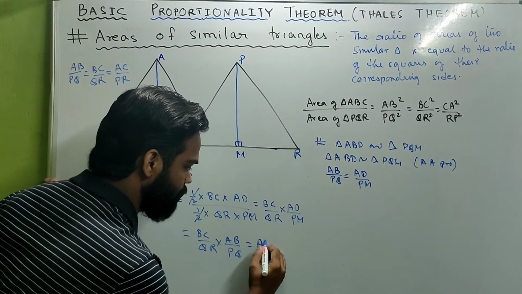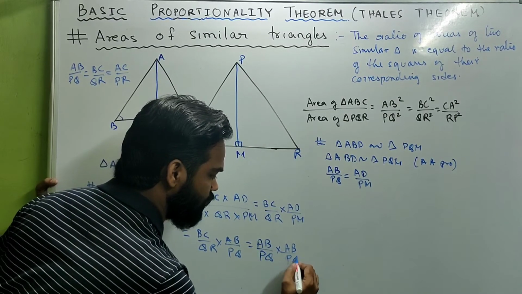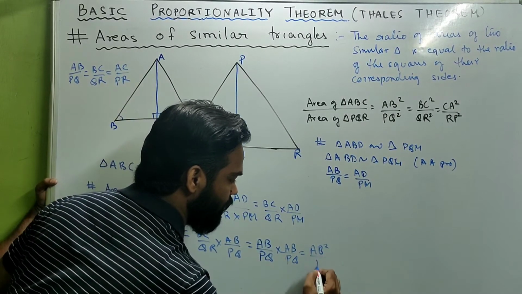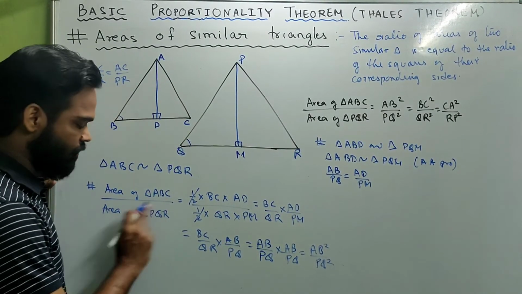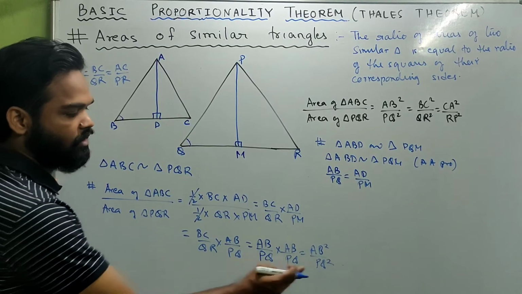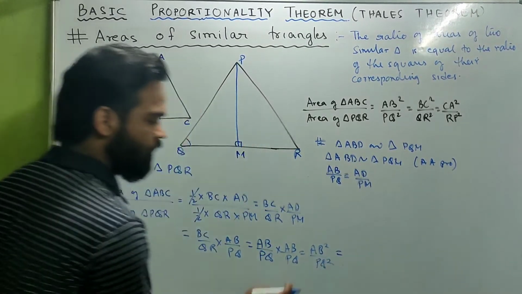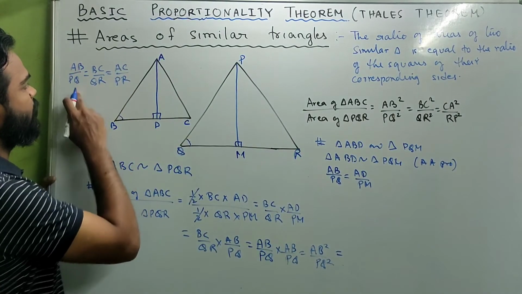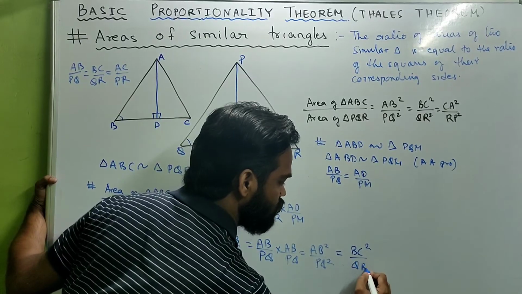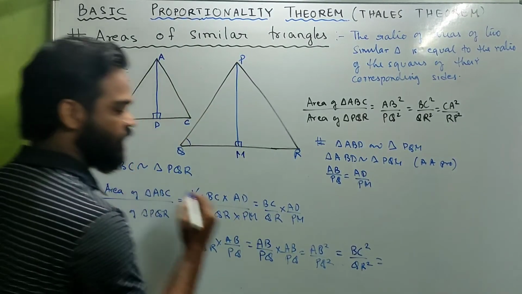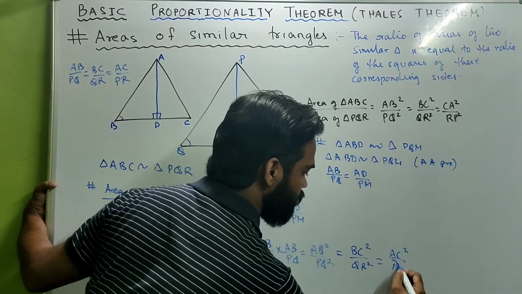So this becomes AB by PQ multiplied by AB by PQ, which is AB square by PQ square. So the area of triangle ABC by the area of triangle PQR is nothing but AB square by PQ square. Now we know AB by PQ is BC by QR, so it will be BC square by QR square, equal to AC square by PR square.